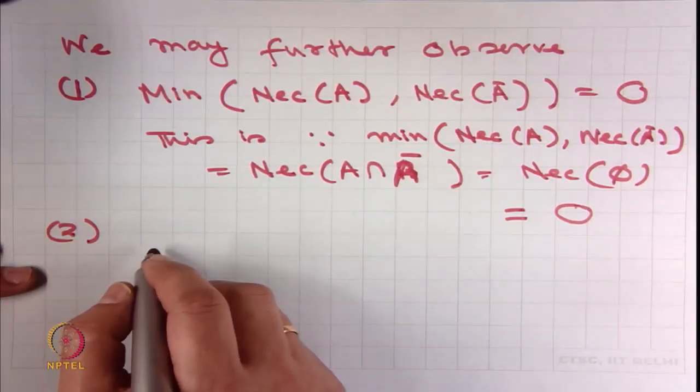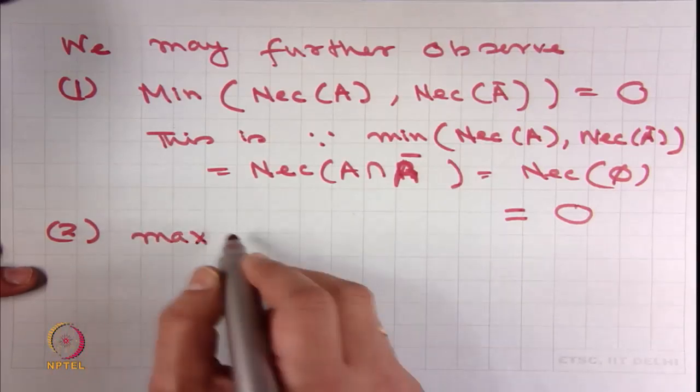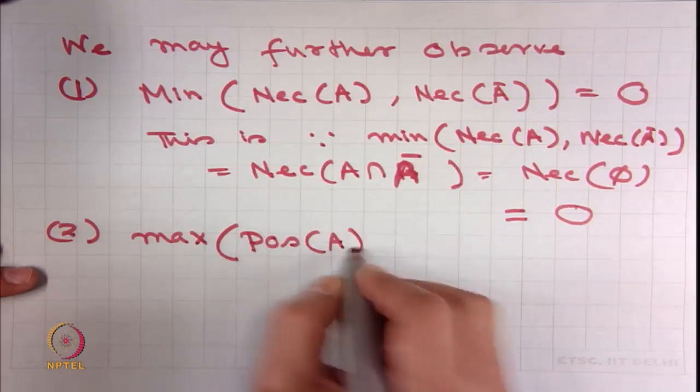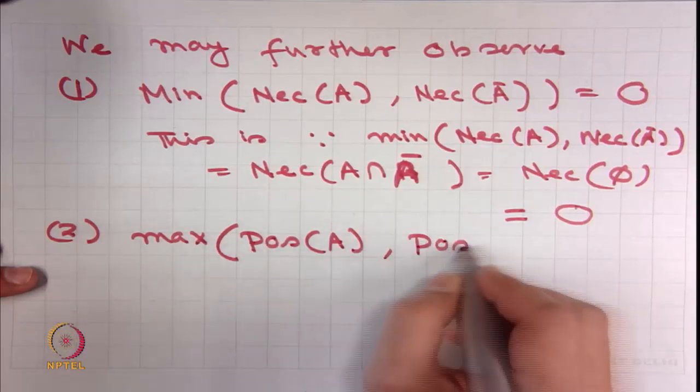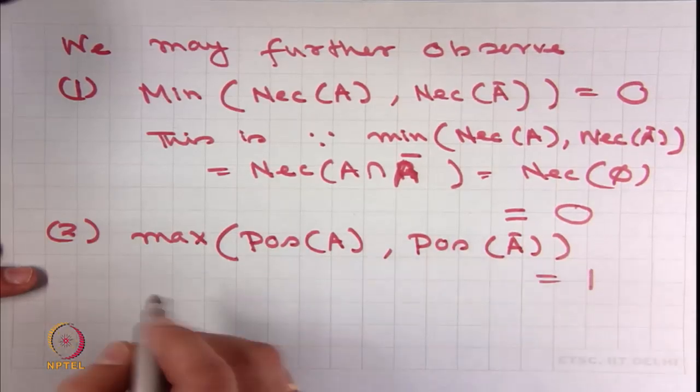In a similar way, maximum of possibility of A, possibility of A complement is equal to 1.